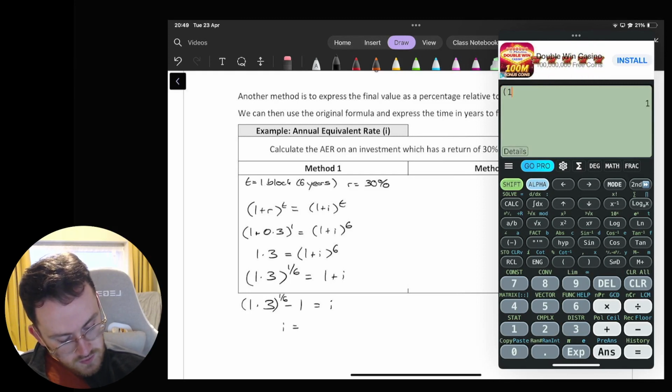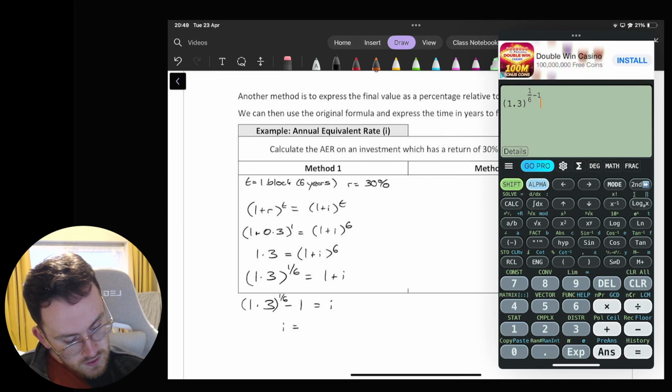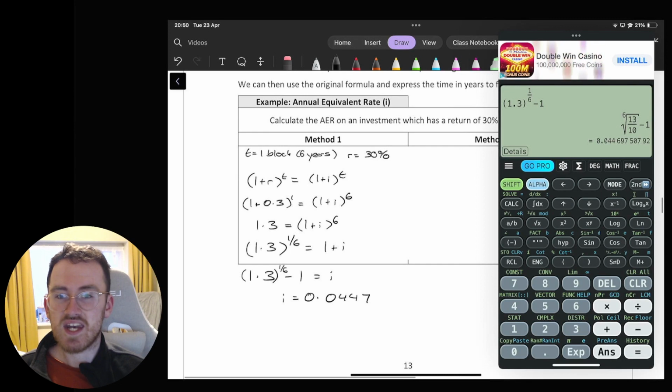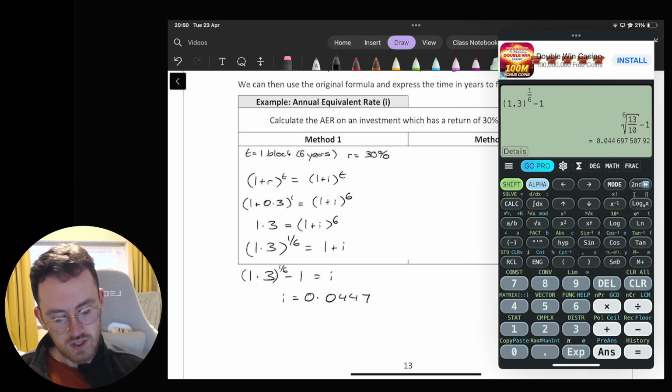So filling all of that into my calculator, 1.3 to the power of 1 over 6 minus 1, sorry, let me just make sure that's out of the power there, much better, 0.0447. And we end up with an annual interest rate of 0.0447. If I want to write it as a percentage, it's 4.47%.